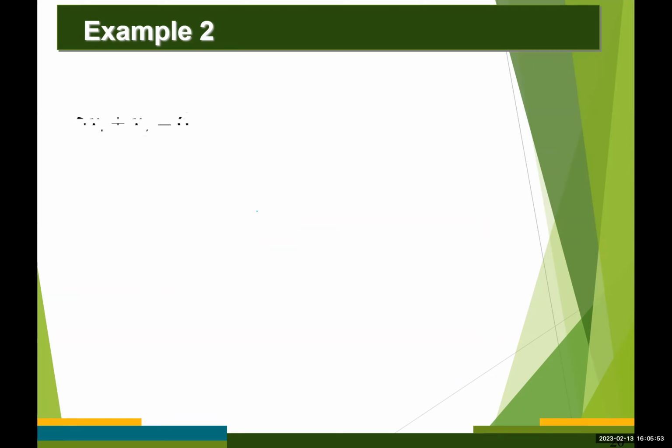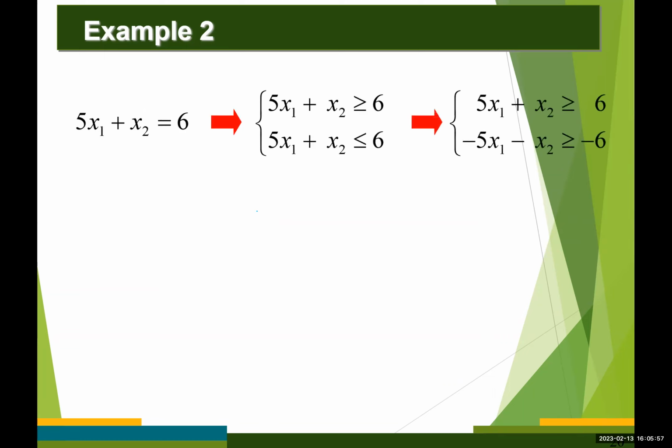So first, we need to transform the equality constraint into the equivalent inequalities, right?